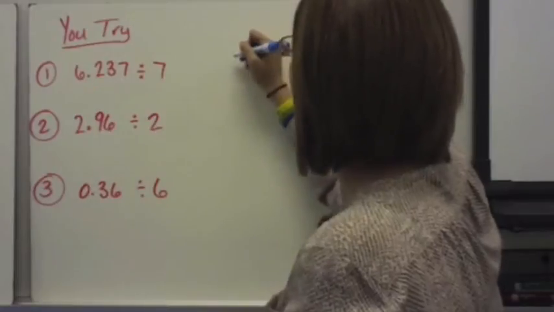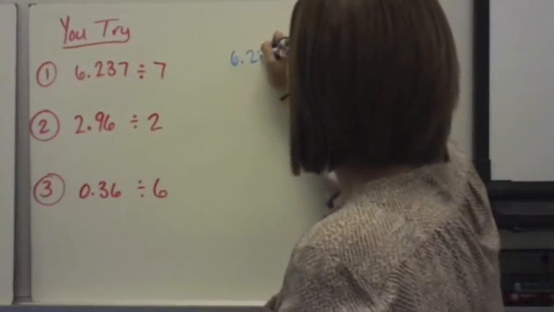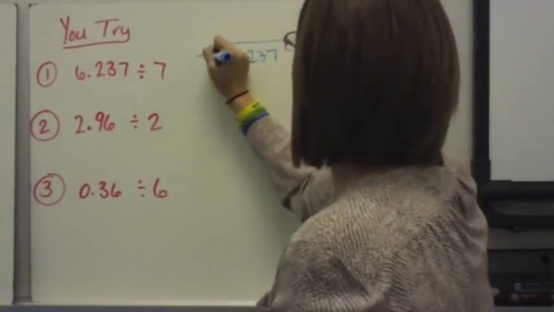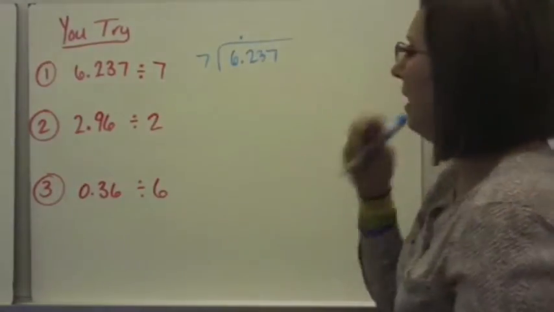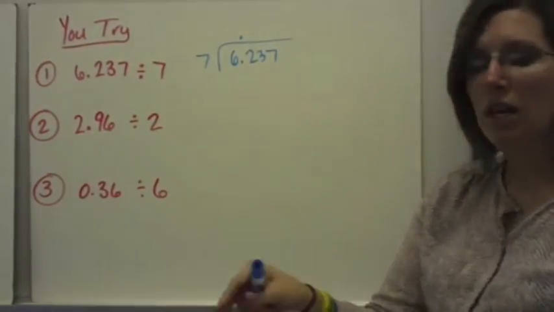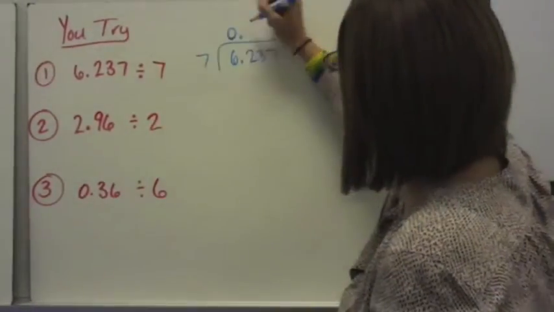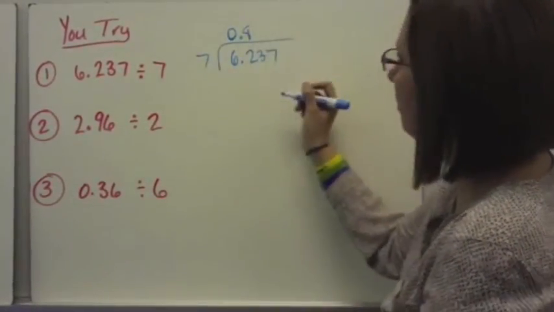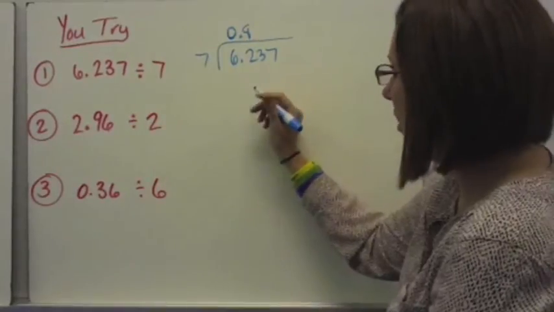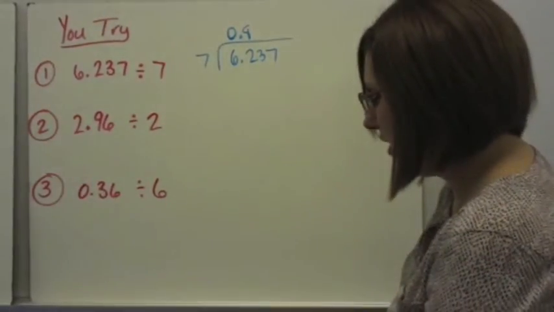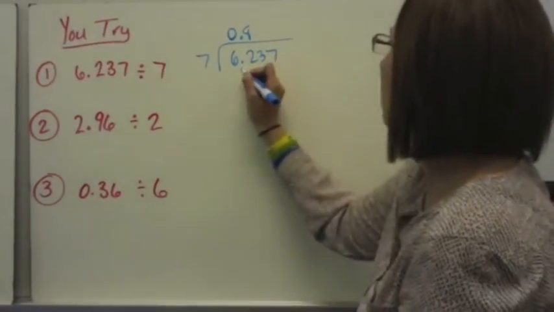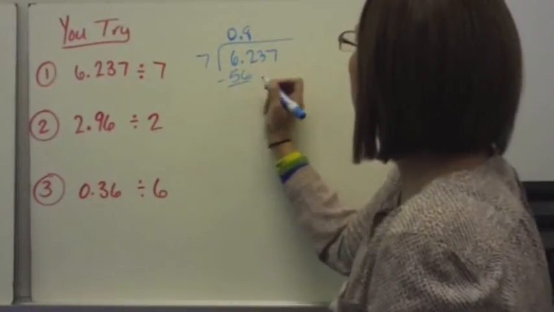So we're going to do 6.237 divided by 7. Okay, 7 into 6? It can't go into 6, but it can go into 62 8 times. 8 times 7 is 56, I think. Subtract.